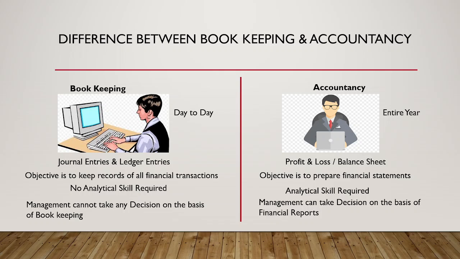Seeing the bookkeeping, the management cannot take any decision, but management can take decisions on the basis of financial reports. So what is the end point of accountancy? It is the profit and loss statement and balance sheets. So definitely just by looking at the balance sheet you can make out whether the company is making profit or is in loss. Okay, fine.